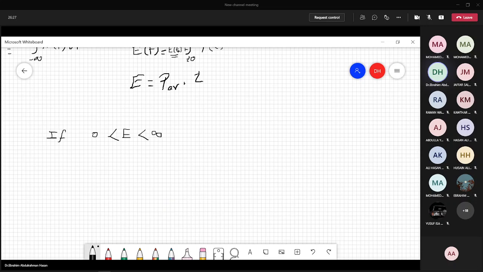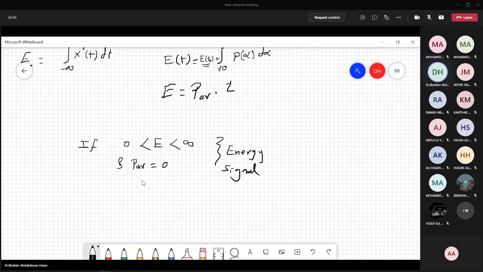So energy is finite, and P average equals 0. Then this signal, we call it an energy signal, according to our definition.